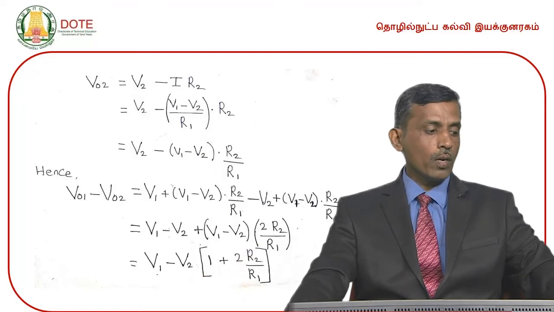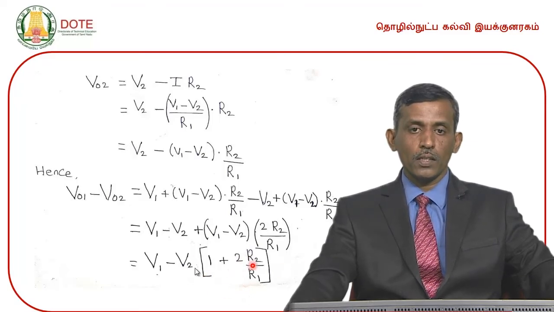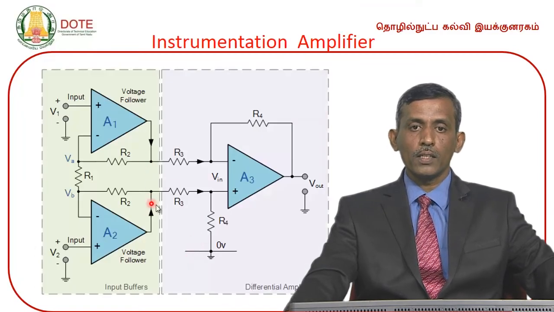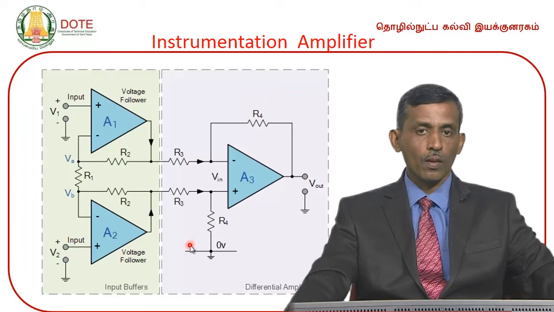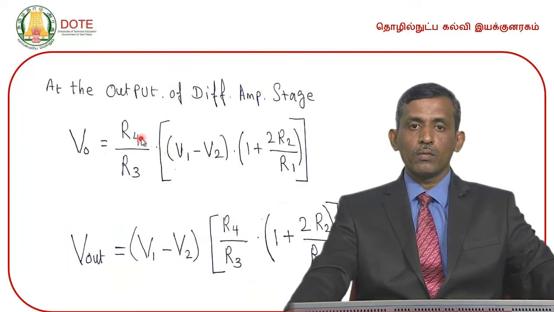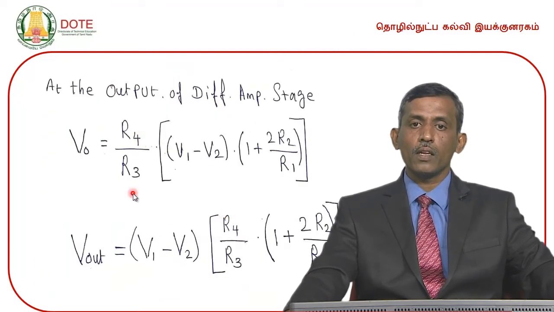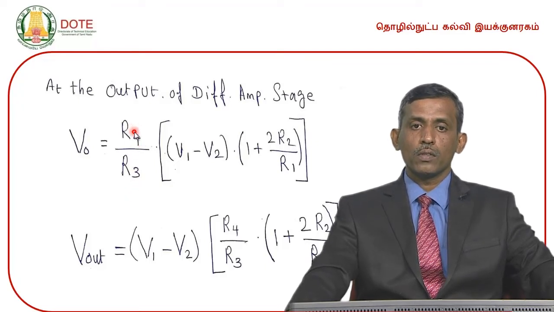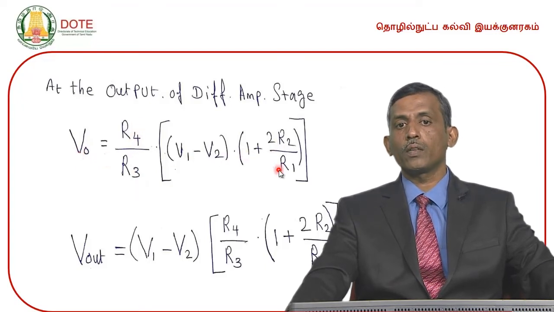Now what is the output voltage? This differential input voltage multiplied by the gain value, right. The difference voltage multiplied by the gain value is what we get at the output. What is the gain value? R4 by R3, right. So the output is V0 equal to R4 by R3 into V1 minus V2 into 1 plus 2 R2 by R1.